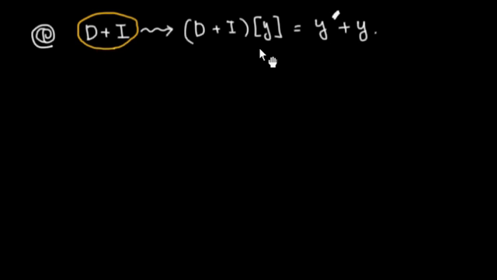Just like f plus g, the sum of two functions is defined. So that's what D plus I means. This abstract notion of operator is symbolized like this. As soon as we symbolize, we can create algebra to add and subtract and do different things like that.